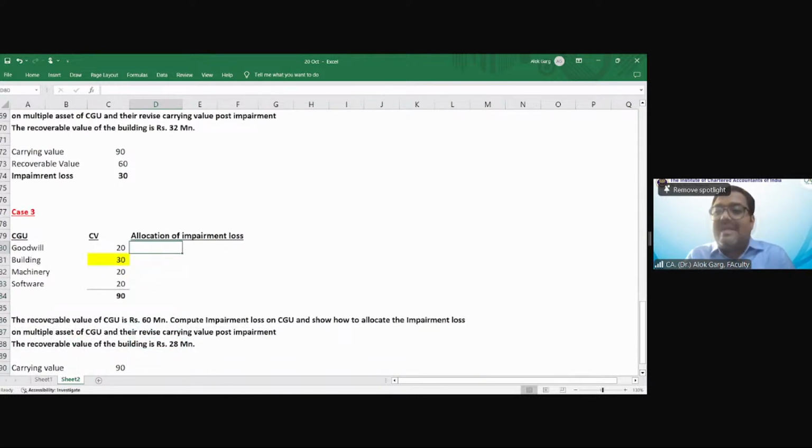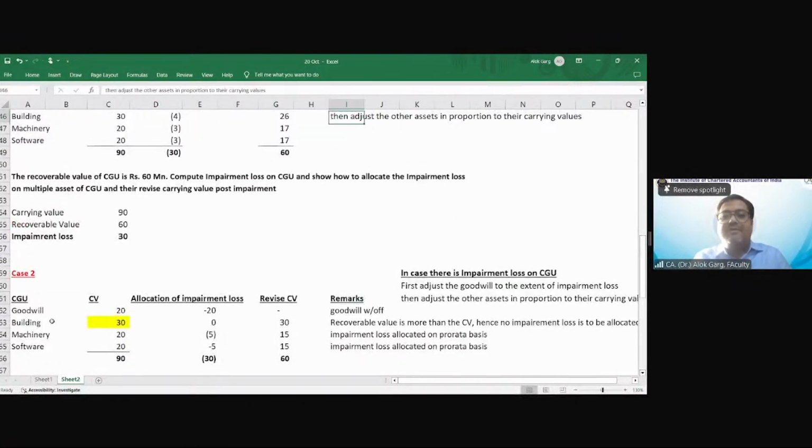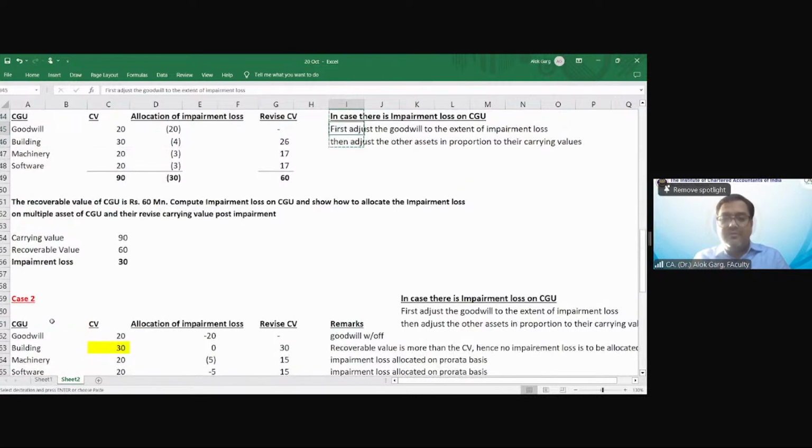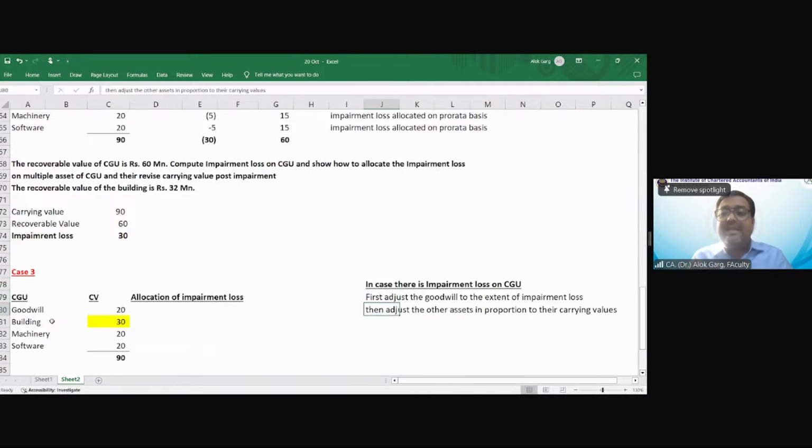So first of all, the standard says that if there is any impairment loss on a group of assets, what you need to do? If there is an impairment loss on a group of assets, whom do you wipe out first? Goodwill. Because if you are saying that I have a loss in my cash generating unit, what does it mean? Then there is no goodwill. In your group of assets there is a loss.